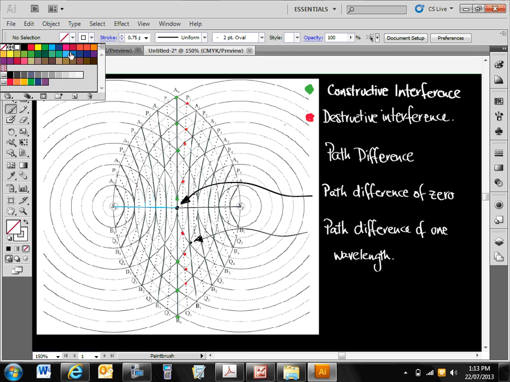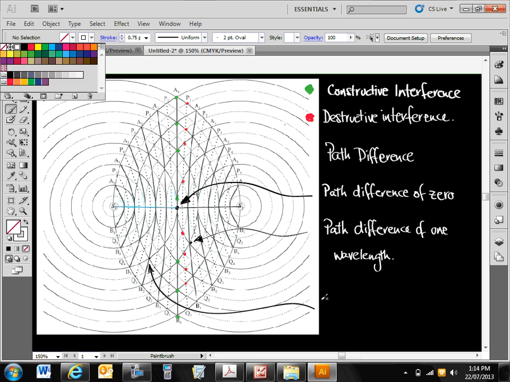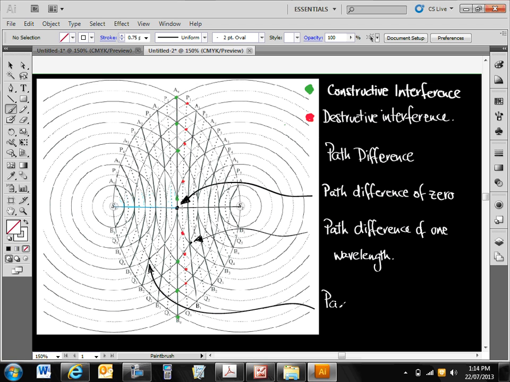Choose another point. There's the identical point. What about this point here? That point right in there. Path difference. 1, 2, 3. 1, 2, 3, 4, 5. Has anyone got it? 2 wavelengths, yeah. And I'm going to say it like this, though.